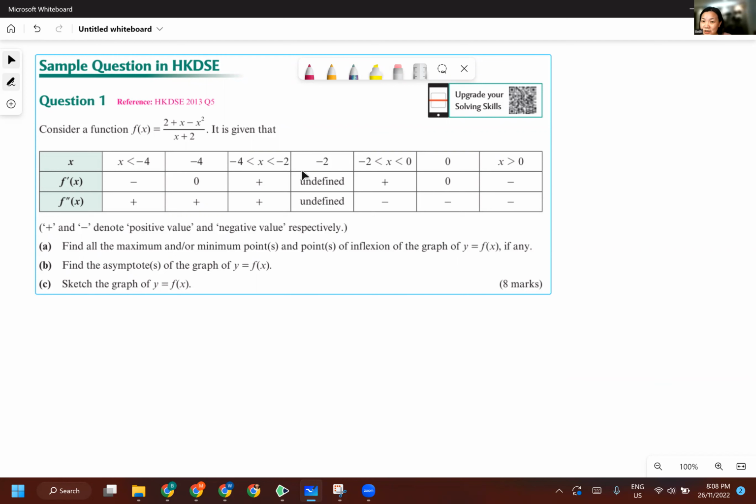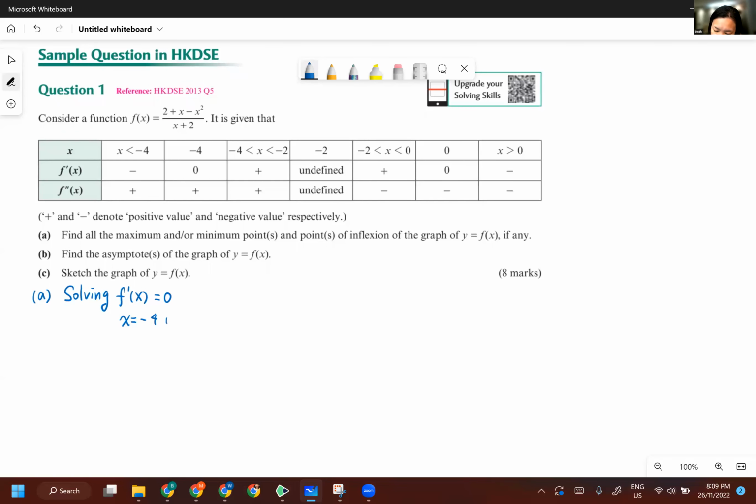Solving f prime x equals 0, we have two solutions, x equals -4 or x equals 0. I just read it from the table. I don't have the equation. I just read the table. Okay? And when you have these points, they're not called turning points.